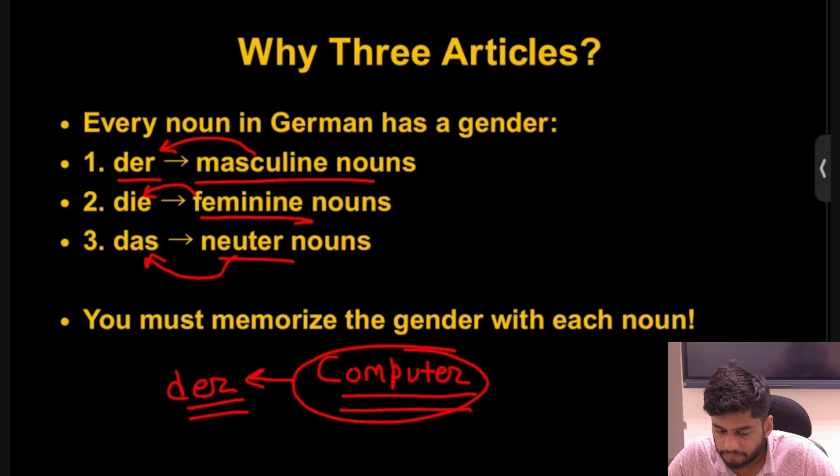In German they consider computer as masculine. Clear everyone? So just like computer, this is non-living, so article should be das. No, that is wrong. Clear everyone? Always you need to check the article in dictionary. Next point.